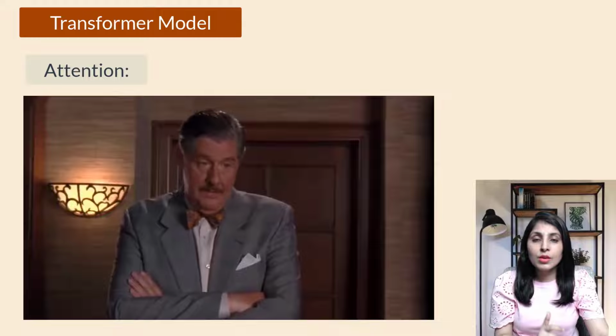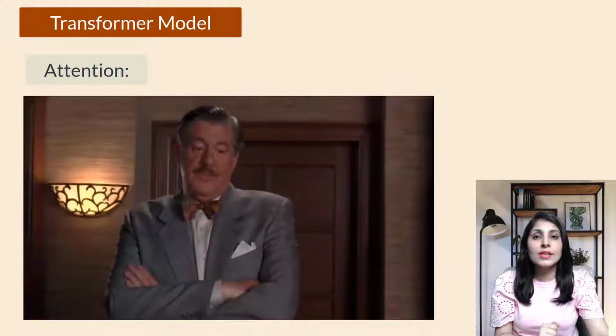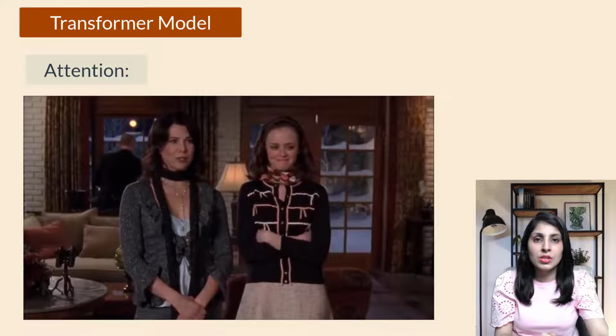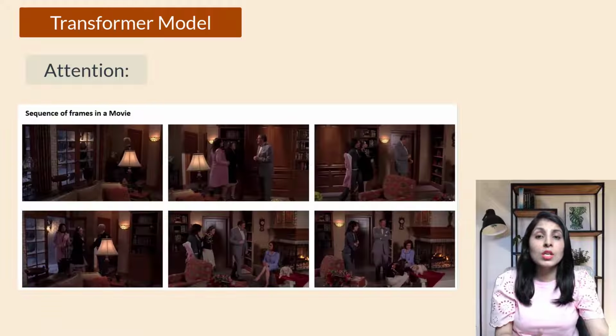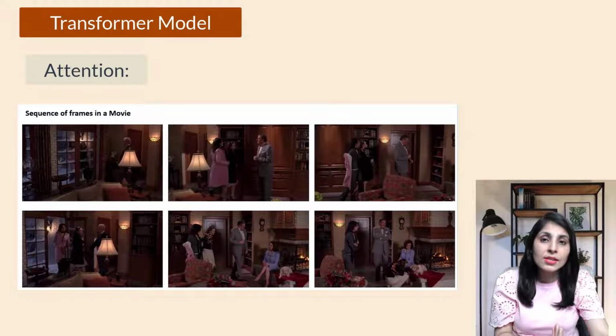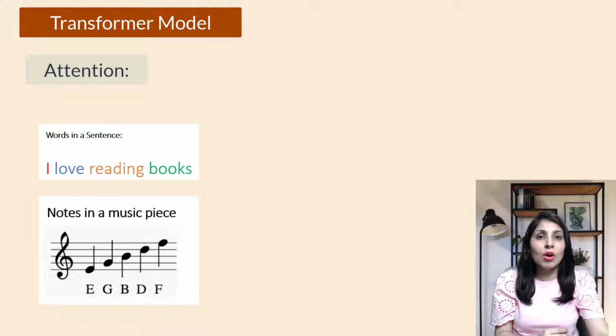A transformer network uses attention to understand the sequence of information. Instead of frames in a movie, it could be words in a sentence, notes in a music piece, or even pixels in an image. Okay, so the transformer network can capture the relationships and dependencies between the elements even if they are far apart.